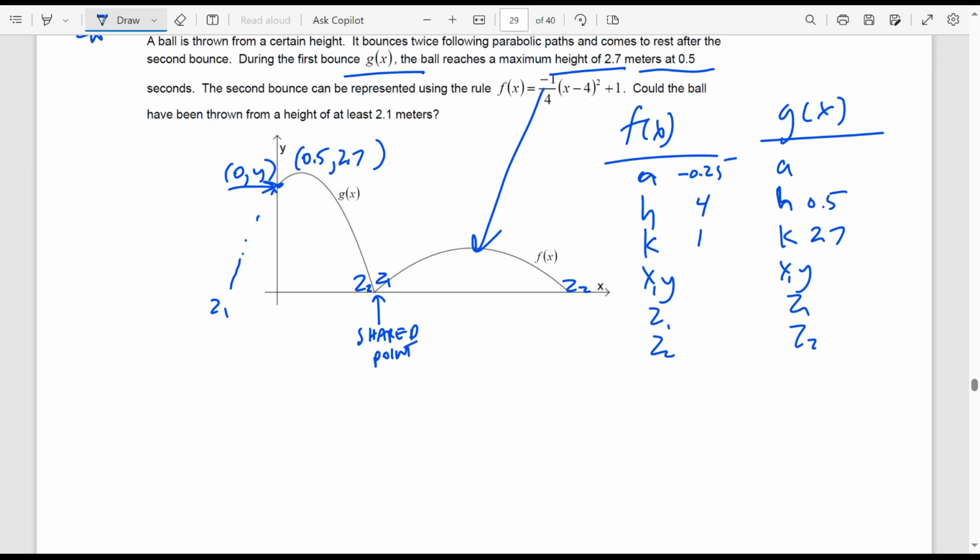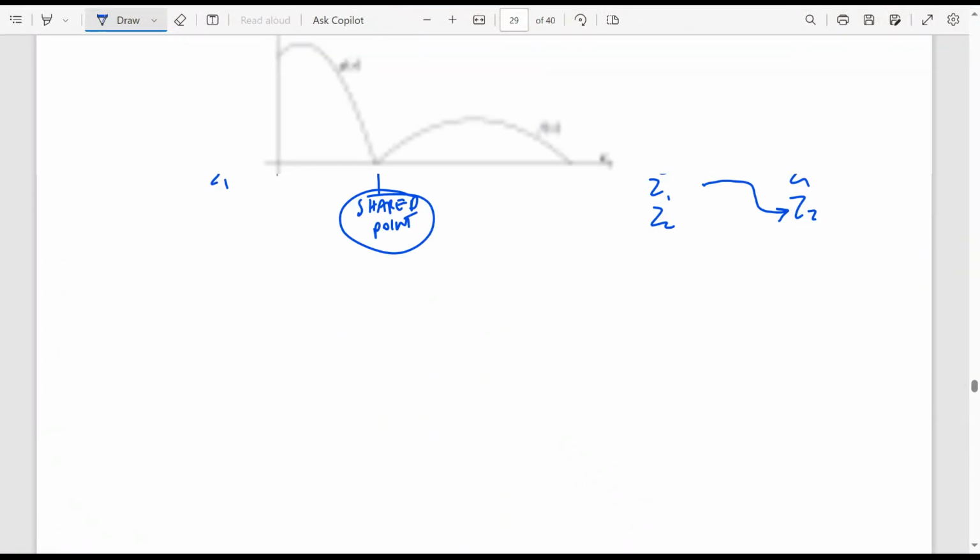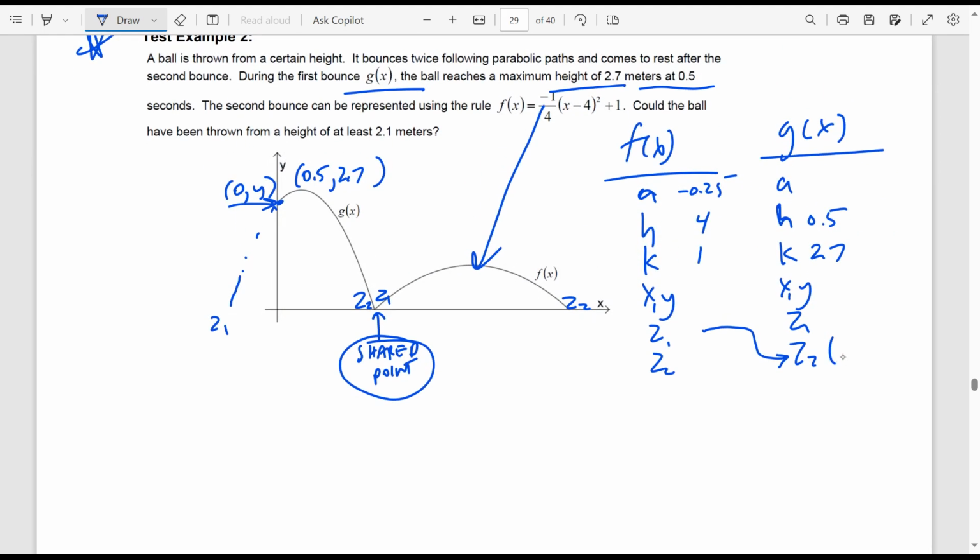The second zero of g of x is the first zero of f of x. Meaning, if I can find this shared point, I will now actually have a zero. I will have a zero that I can plug into g of x as a point, right?